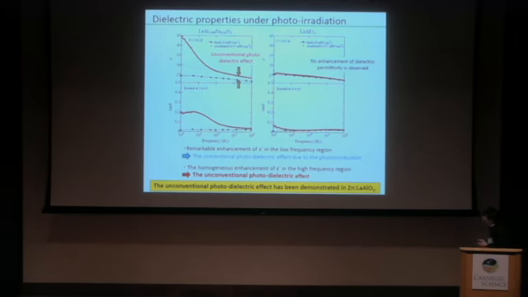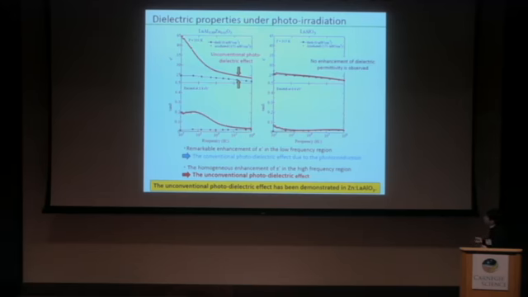Here, please look at the high frequency region. You can find here the homogeneous enhancement of dielectric permittivity. This is the most important result in my talk. This behavior is different from the conventional photodielectric effect I mentioned at the introduction. In addition, the tangent delta is too low for conventional photodielectric effect.